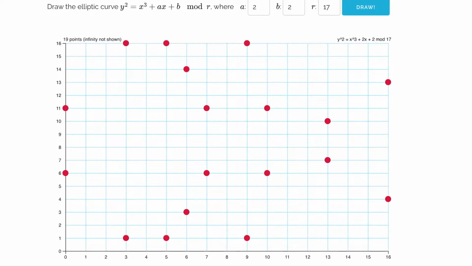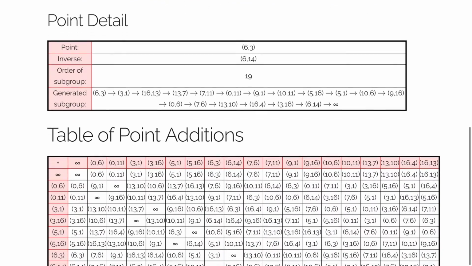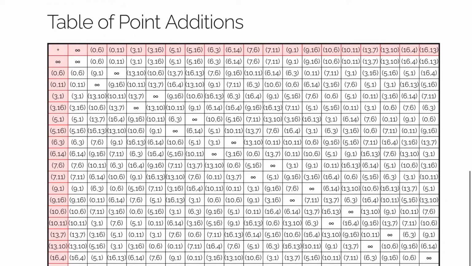First, notice that (5, 1) is this point right here, and (6, 3) is this point right here. So these are two valid points in this finite field. We have to add these points. To add these points, we can use this table of point additions right here. Using this table is pretty simple. All you have to do is look at the row and column label and pick the value at their intersection.